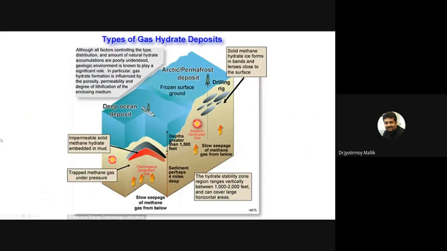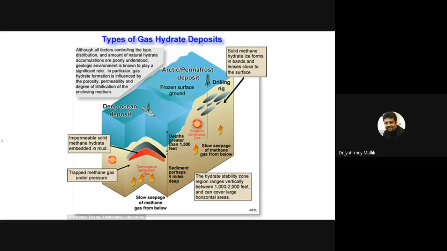So here we are looking at the types of gas hydrate deposits. Although all factors controlling the type, distribution, and amount of natural hydrate accumulations are poorly understood, it's still not something people know a lot about, like they know about, say, coal or natural gas or oil. This is still under research.